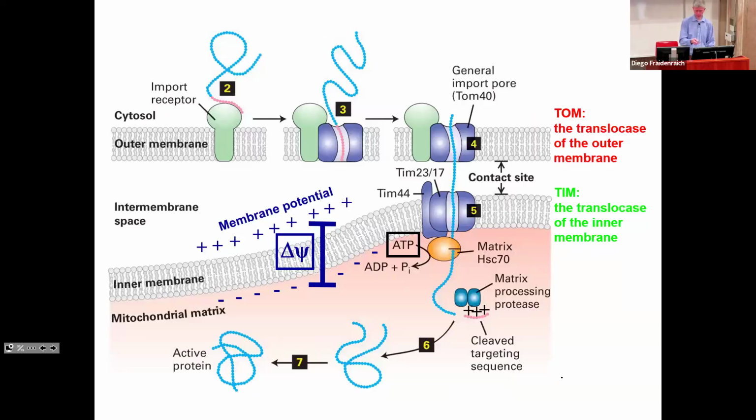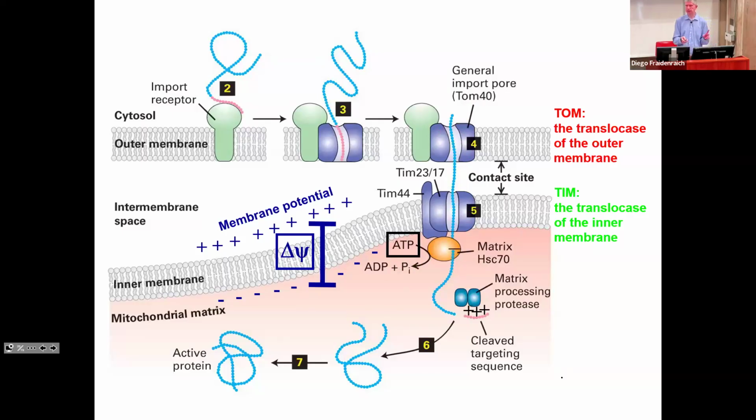So this process of the translocation of the protein into the matrix requires energy, and requires also a heat shock protein that pulls the protein through these channels. So you need ATP for this.